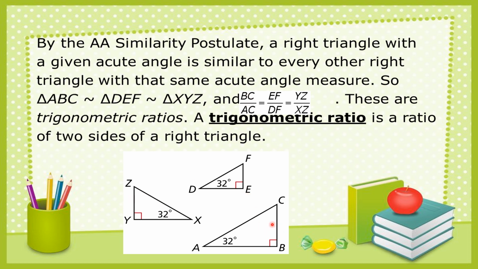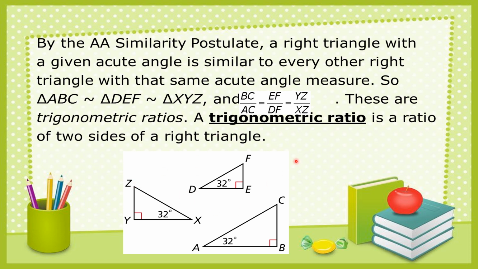Segment BC is to segment AC is equal to segment EF, opposite of 32 degrees, is to the hypotenuse, which is segment DF, which is also equal to our third triangle, XYZ: the segment opposite of 32 degrees, which is segment ZY, is to segment XZ. So these are the trigonometric ratios.